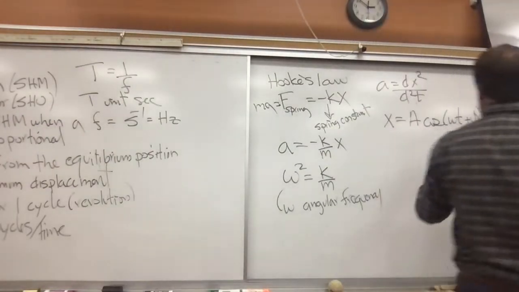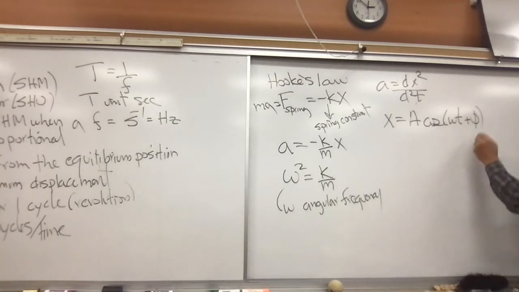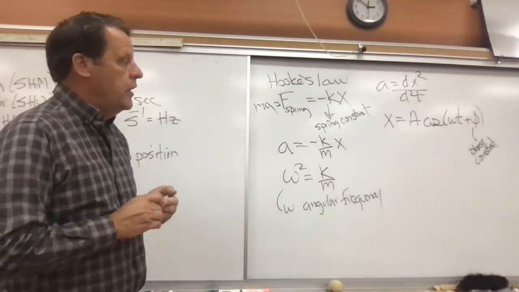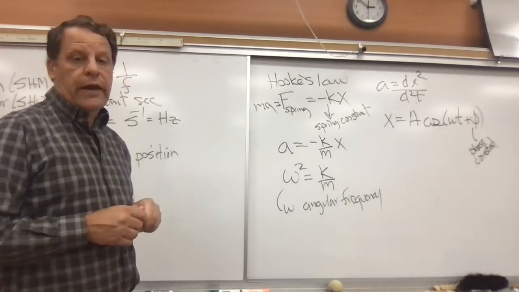Now, omega is again the angular frequency, and phi is called the phase constant. We can ignore this for now, and I'll show you with another diagram what that would be.